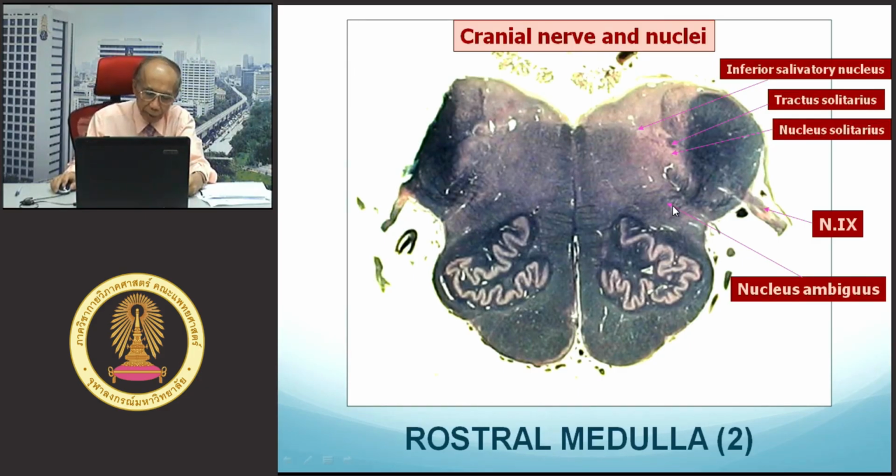The nucleus ambiguus sends the special visceral efferent function to muscle of pharynx and larynx.